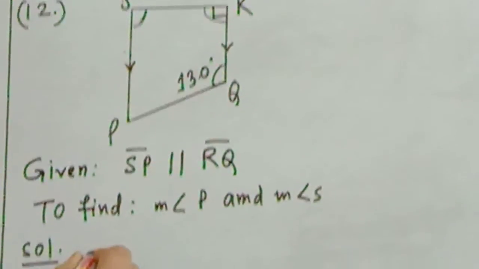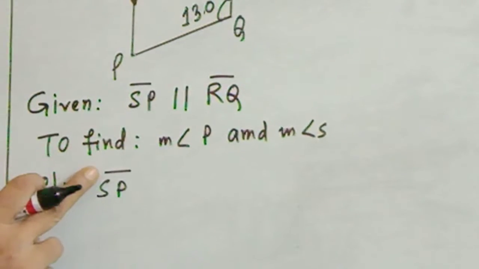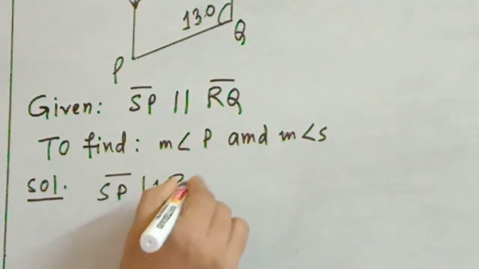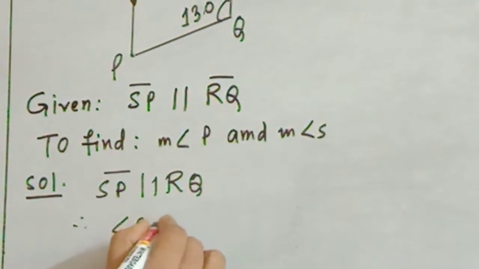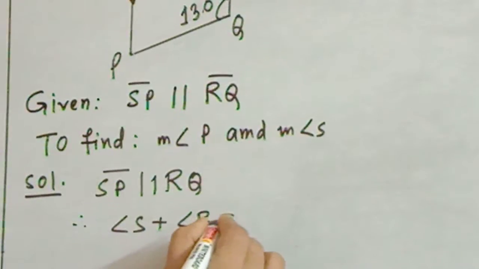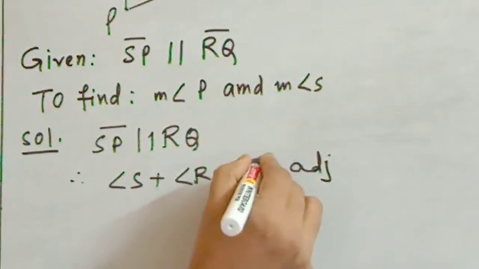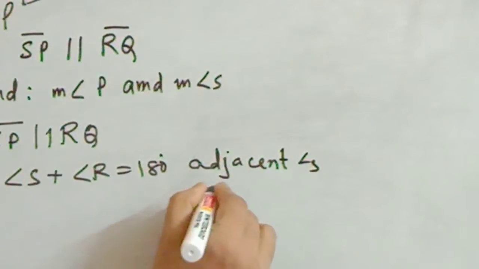Now SP, this symbol is known as line segment. As SP is parallel to RQ, angle S plus angle R is equal to 180 degrees. Adjacent angles are supplementary.